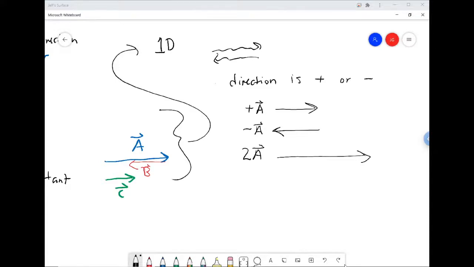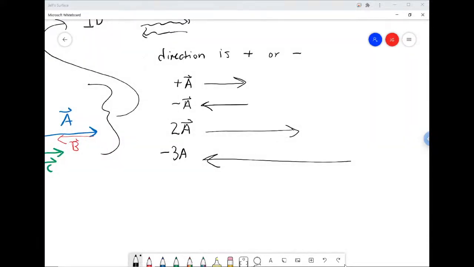All right. So graphically, that's how we can represent it. If I did minus 3A, we know it's not going to point to the right but the left, and it's going to be 3 times as long.